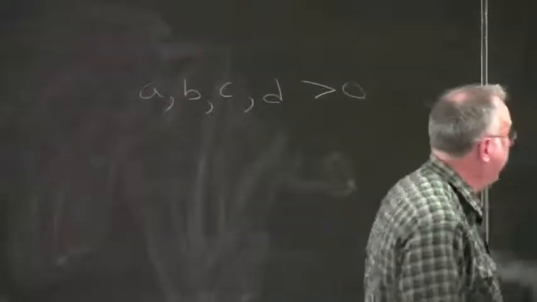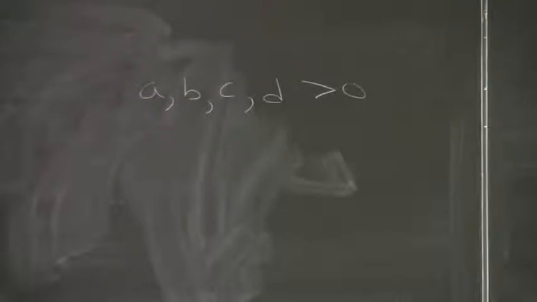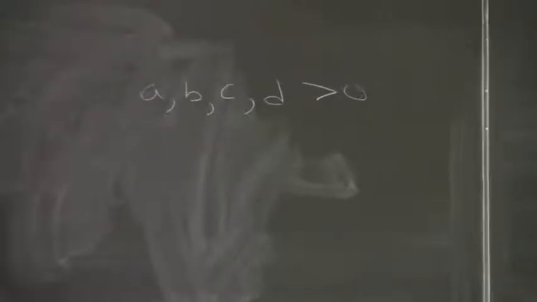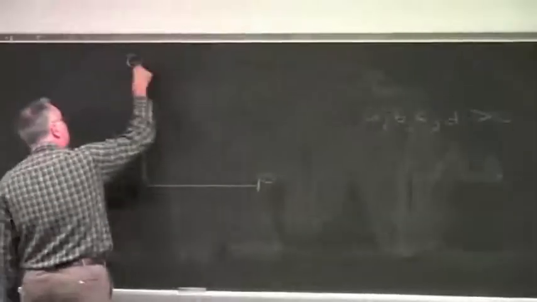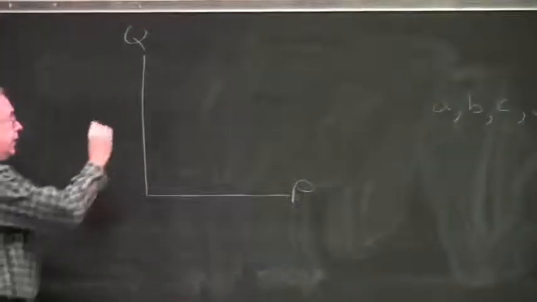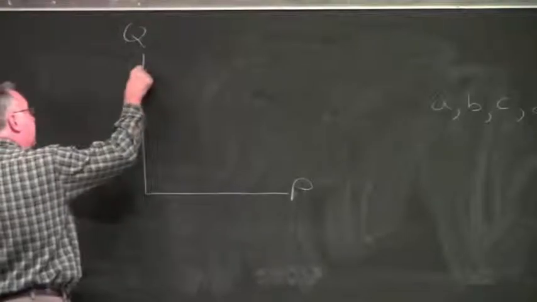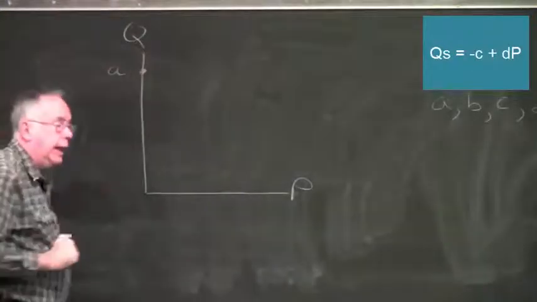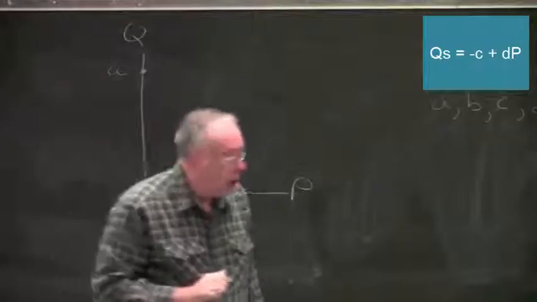If we were to graph our demand function, with Q on the vertical axis and P on the horizontal axis, the demand function would start right up here at A. So A is the vertical intercept.